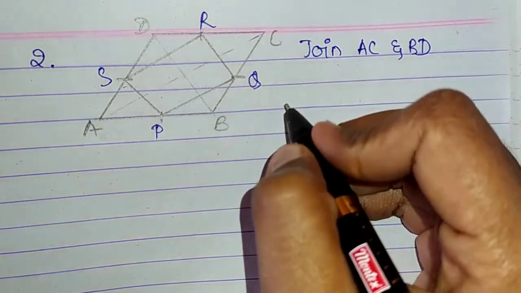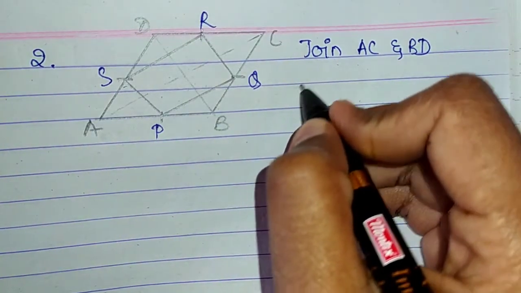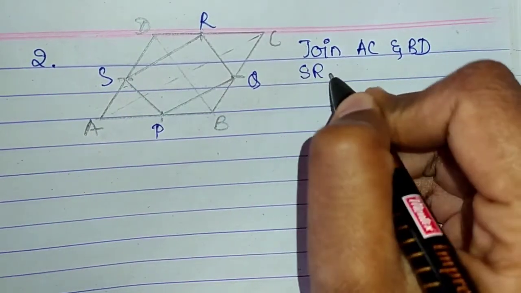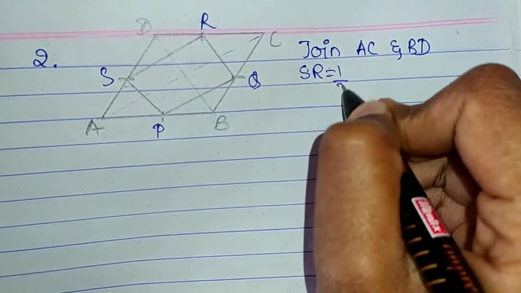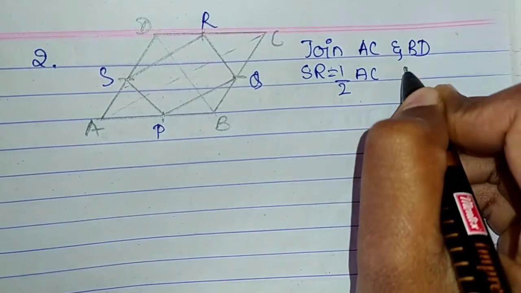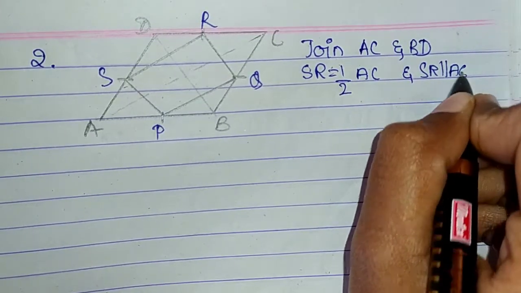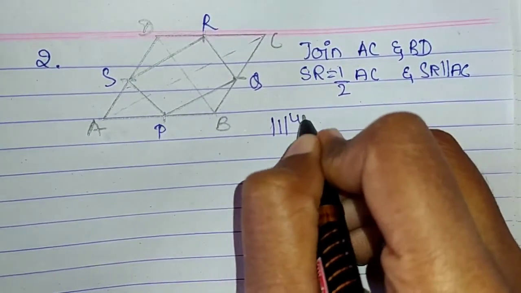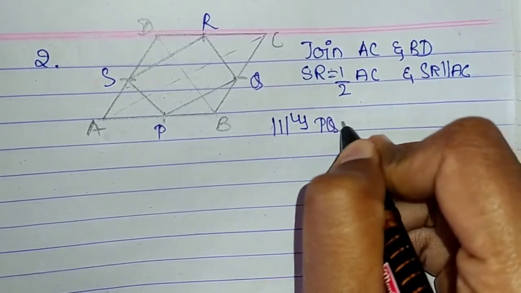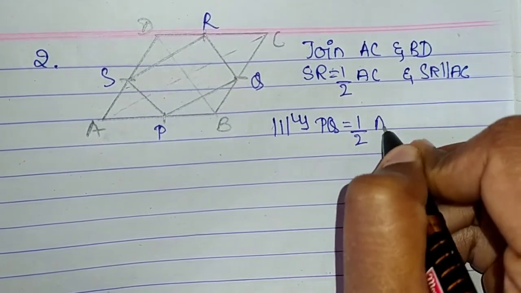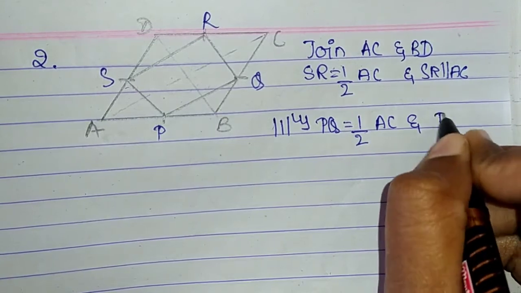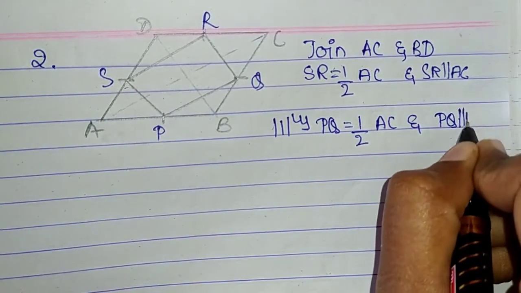Now from the midpoint theorem we get SR is equal to half of AC and SR is parallel to AC. Similarly, PQ is equal to half of AC and PQ is parallel to AC.